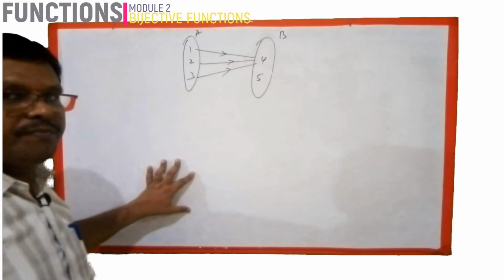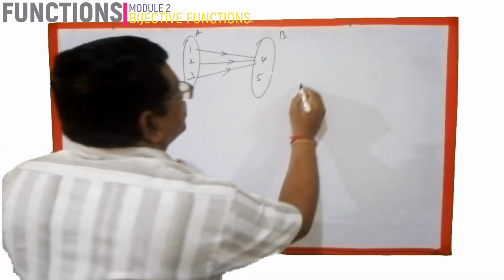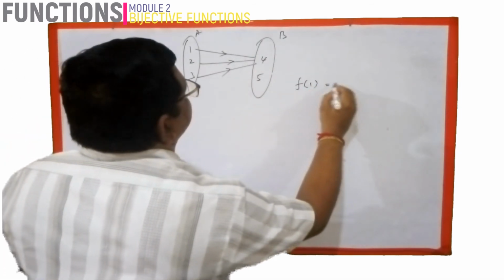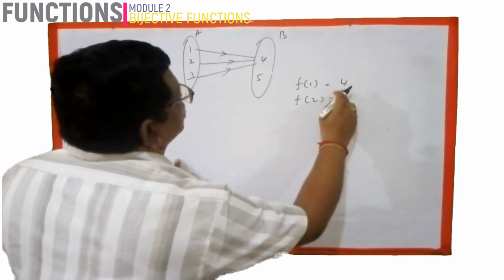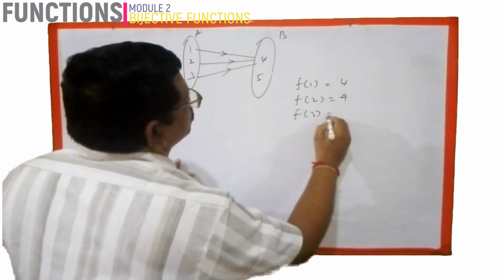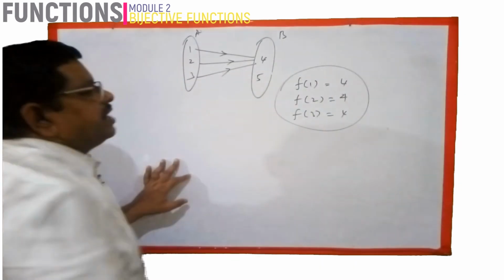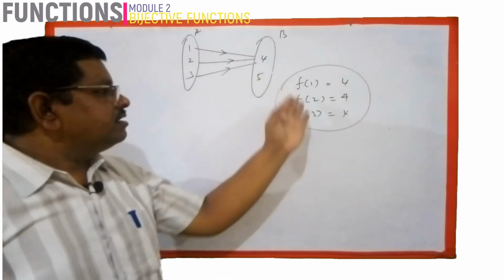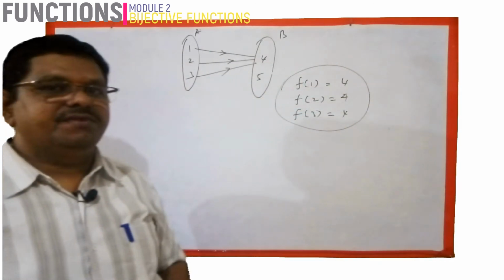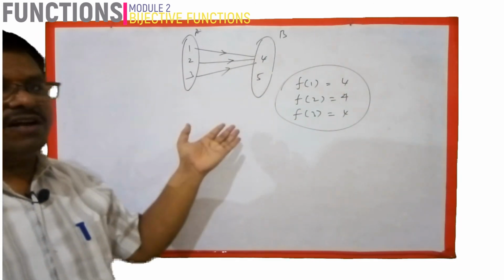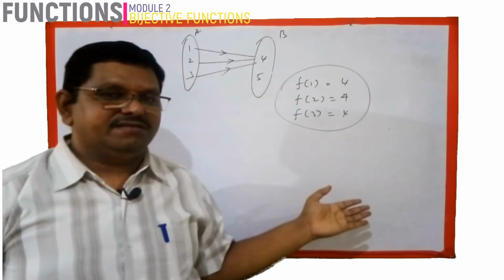Now f of 1 is equal to 4, f of 2 is equal to 4, f of 3 is also 4. From this what we have understood is all these pre-images are having only one image. So this type of function is called a many to one function.